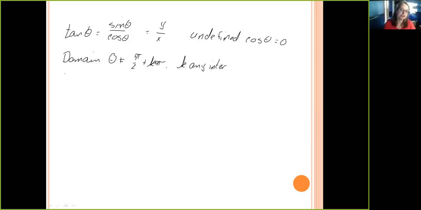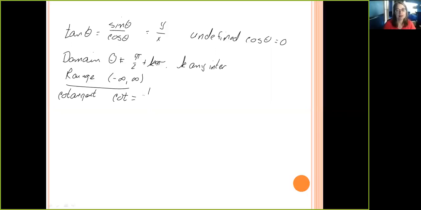The range, remember we zoomed all the way out and it never stopped? So the range is all real numbers or negative infinity to infinity. All right. While we're here, let's look at cotangent, which we write as cot, C-O-T.